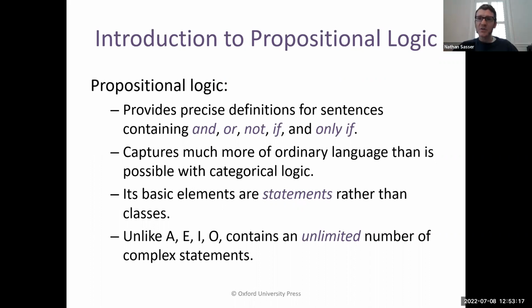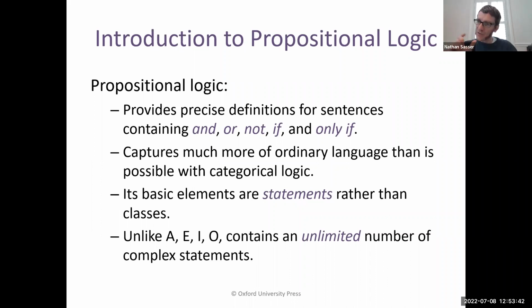So the way that propositional logic works is we give precise definitions to a certain set of terms, namely these logical connectives, which include the words and synonyms, or, not, if, and only if, and synonymous terms.